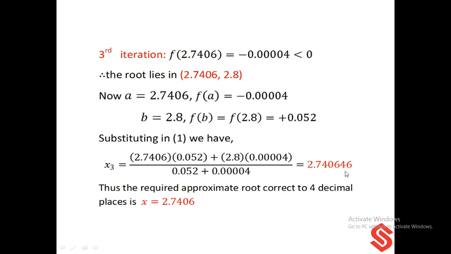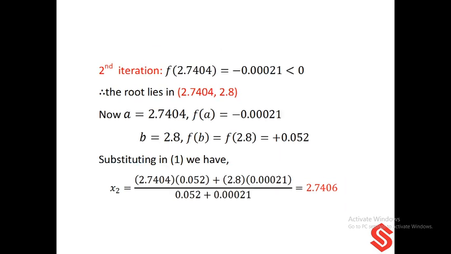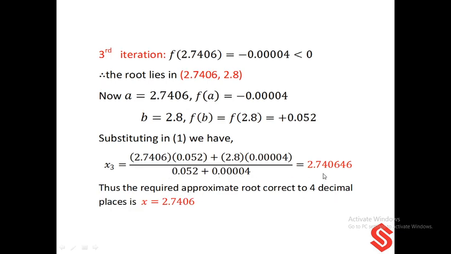So compared to the second iterative value, 2.7406, in the third iteration we got the same, 2.740646. So we can say the required root, after correcting to fourth decimal, is x is equal to 2.7406, which is the required answer.